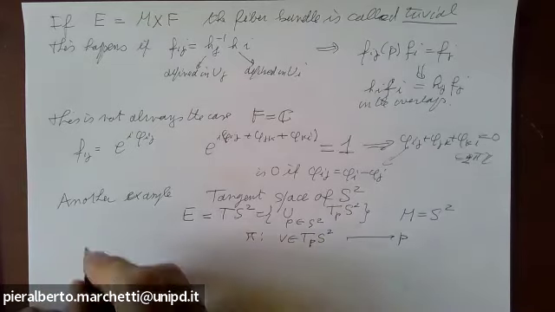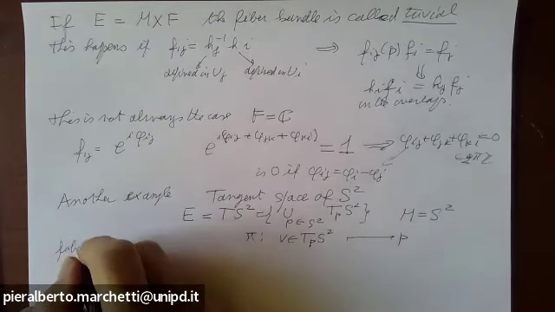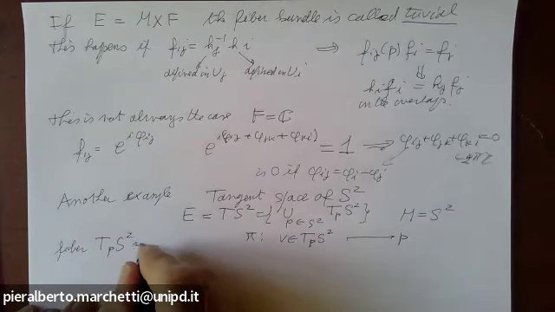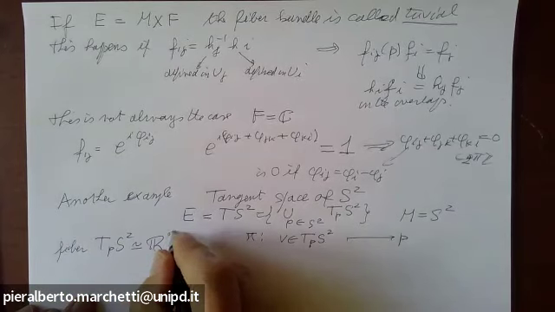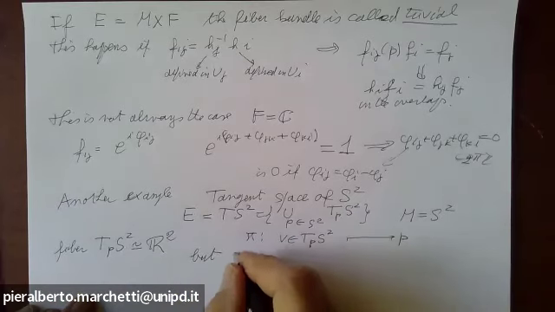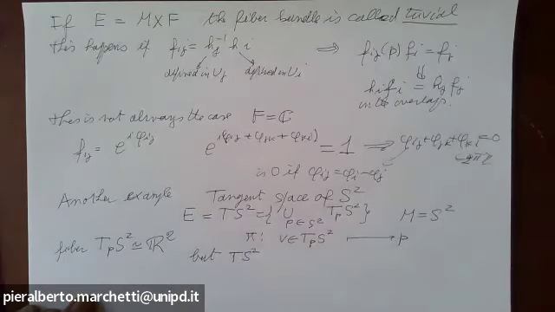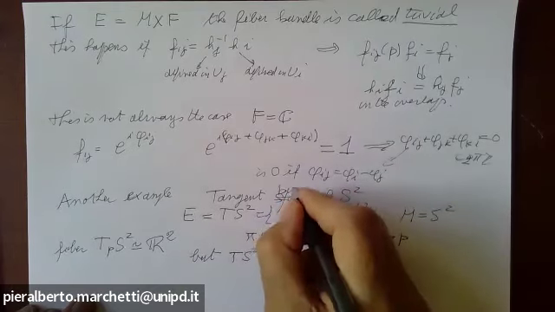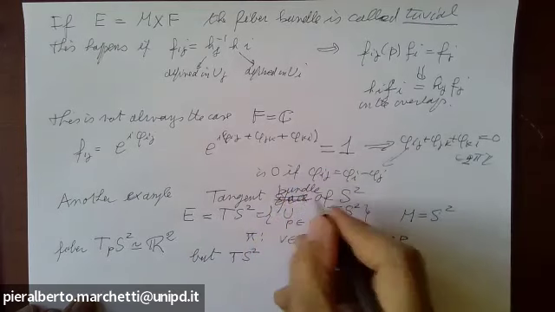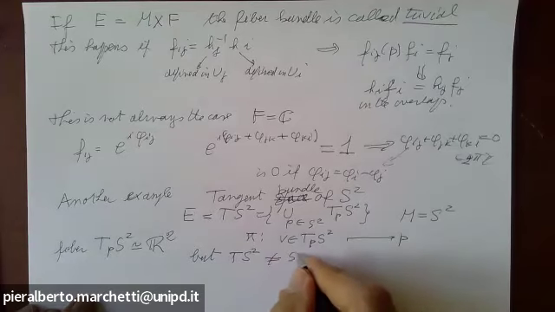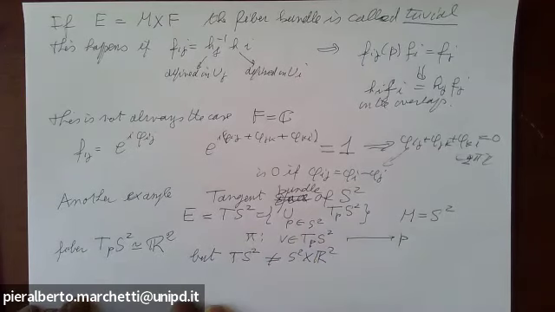So you see from here that the fiber, as somebody of you mentioned, is the tangent space of S², which is always diffeomorphic to R². But the tangent bundle of S², this is a tangent space and this is a tangent bundle, sorry, I just mixed up, the tangent bundle of S² is not just S² times R². How can you intuitively get this idea?